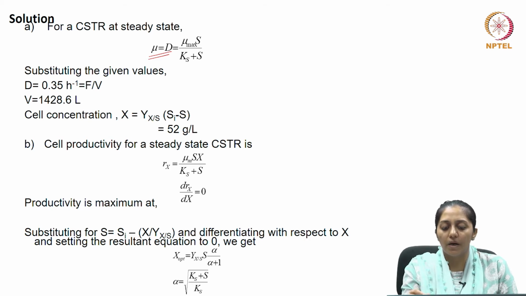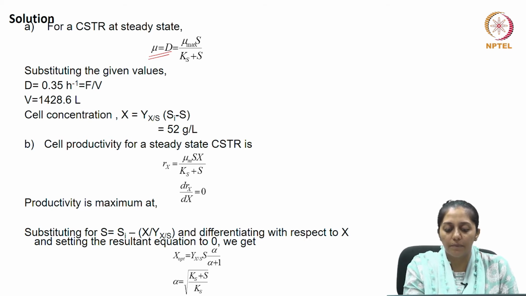So the biomass X can be obtained using the substrate balance at steady state given the value of Yx by S. Si is also given, S is given, Yx by S is given, so we can find the steady state biomass concentration.